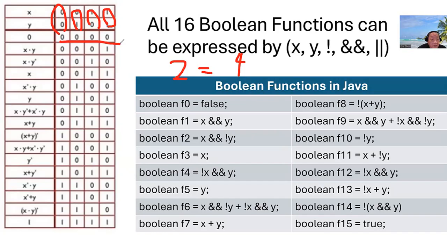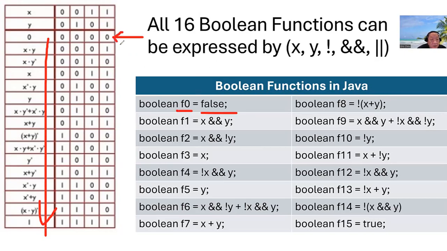Each combination has a different logic value, so you end up with 2 to the power 4, that's 16 possible Boolean functions. Here we list all 16 different Boolean functions, from f0 equals false. This is f0. f1 equals x and y, that's when both are 1, you get 1. So these are 16 different Boolean functions covering every possibility.